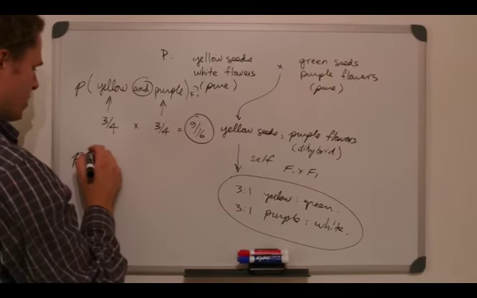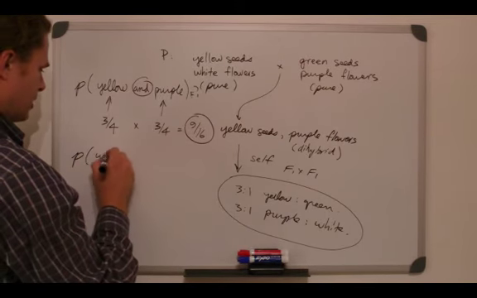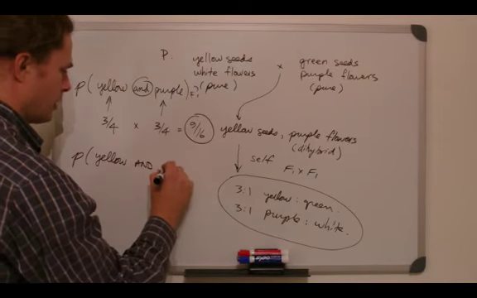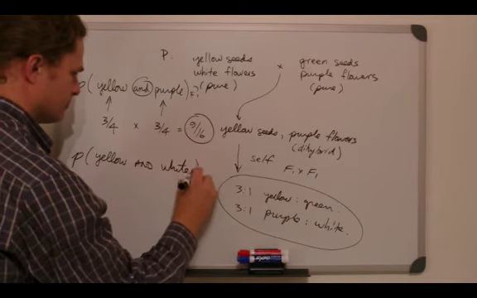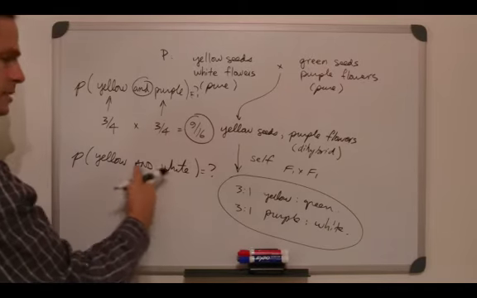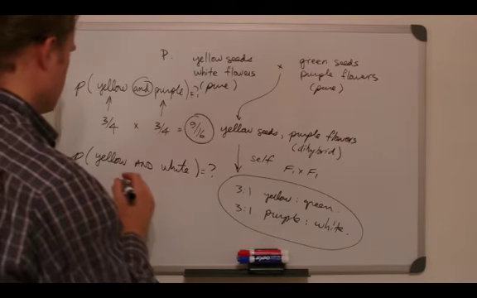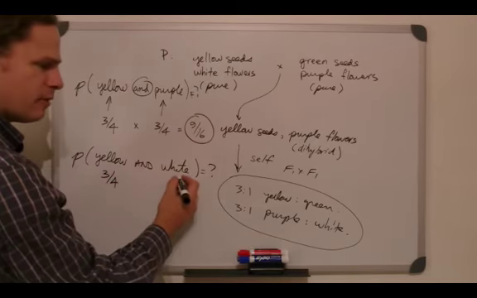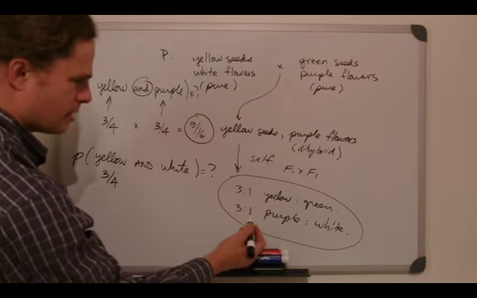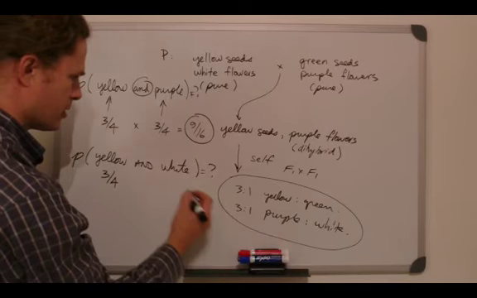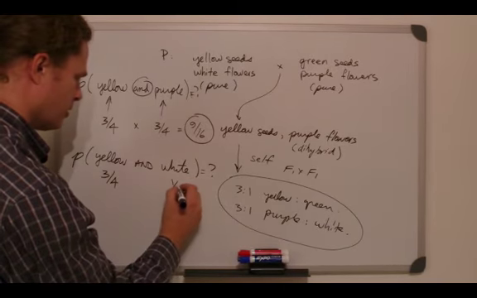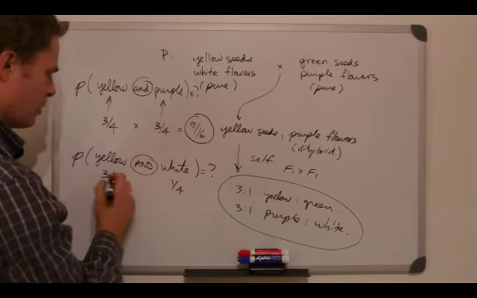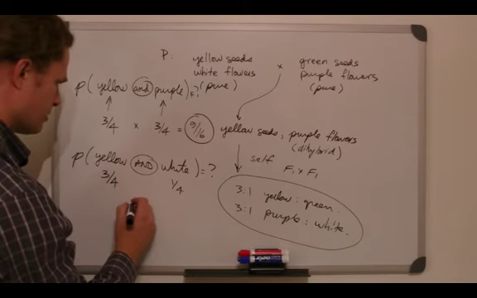We could also ask in the F2, what's the probability of getting yellow and white? So yellow seeds and white flowers. The probability here, again, is 3/4. The probability of white, this is the 1 in a 3-to-1 ratio, so it would be a 1/4 probability. And because we say and in between there, we would multiply these two together as well.